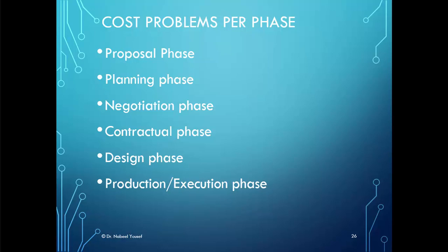In the production or execution phase, we have excessive material costs, specifications that are not acceptable, and manufacturing and engineering disagreement. And this happens frequently because of the differences between what the engineering design was and what the manufacturing team was implementing.